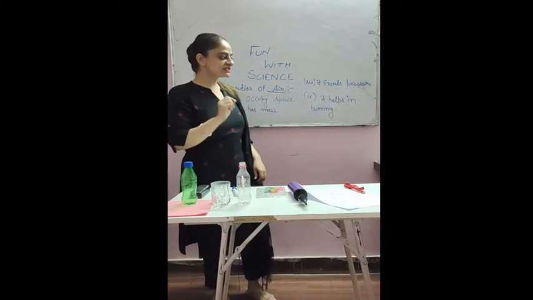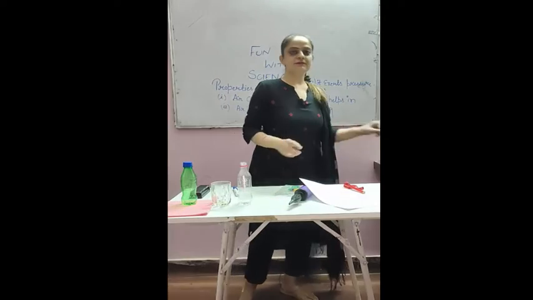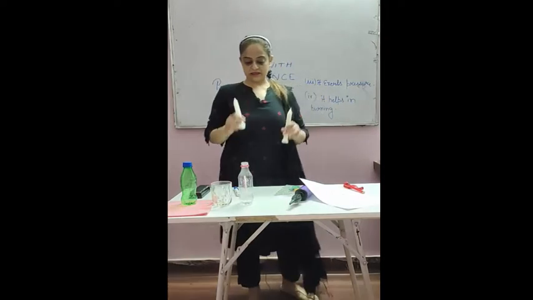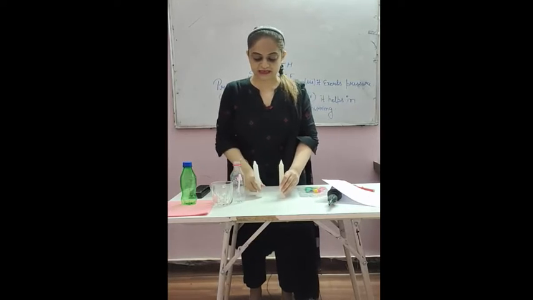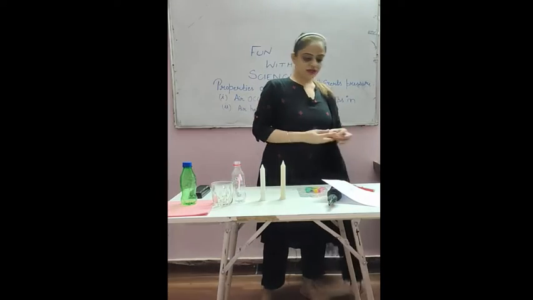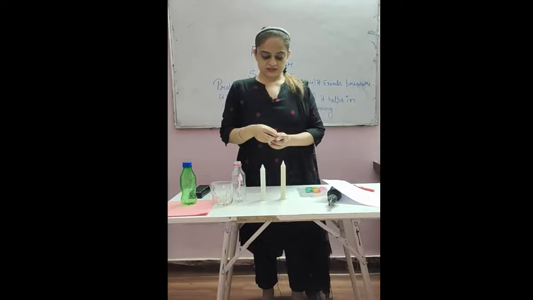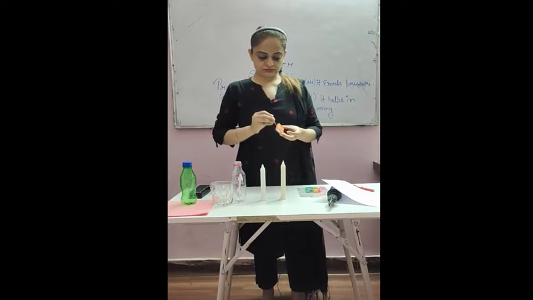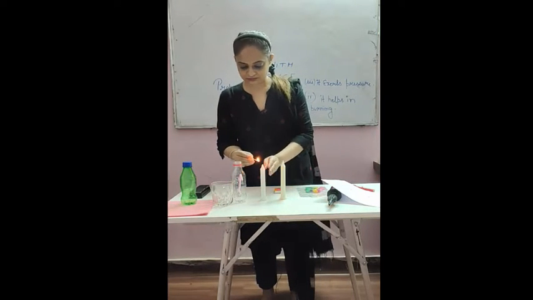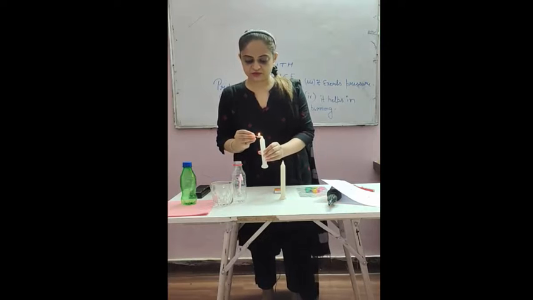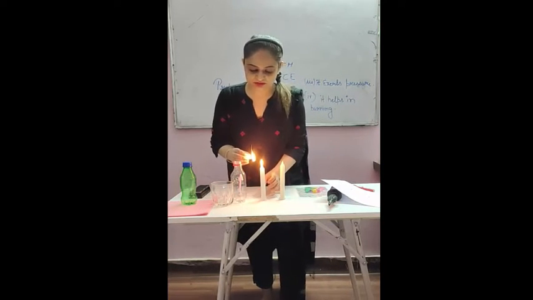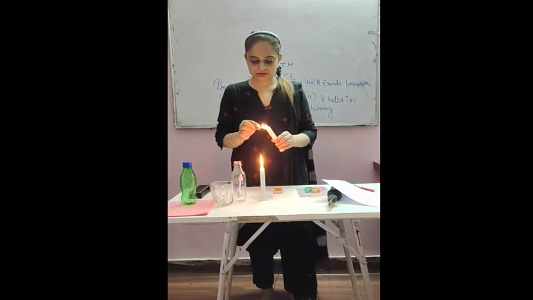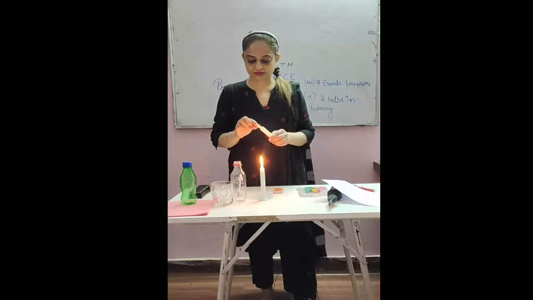Moving on to the second property, here we need to take two candles. I'm going to light both the candles. So children, here we go with the first one, and that's the second one.